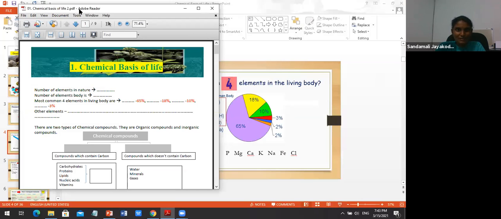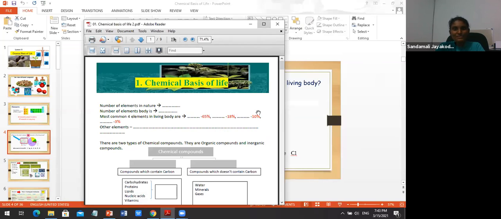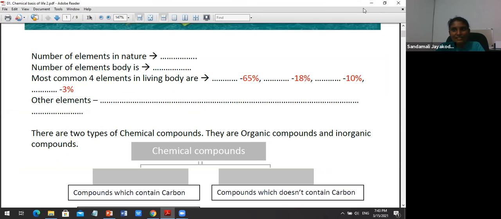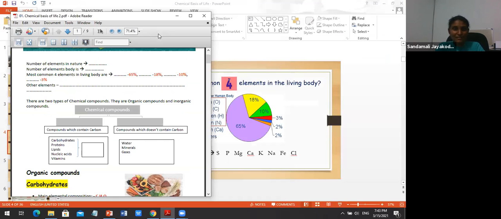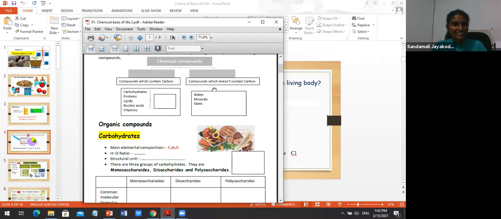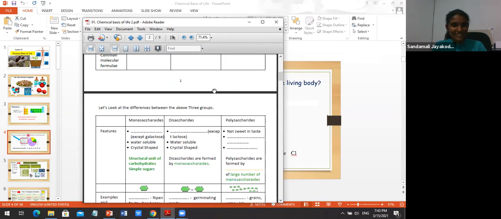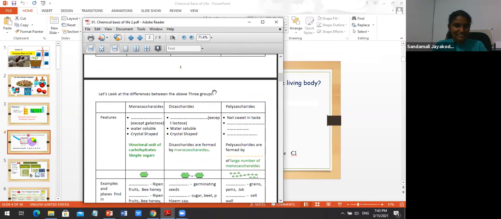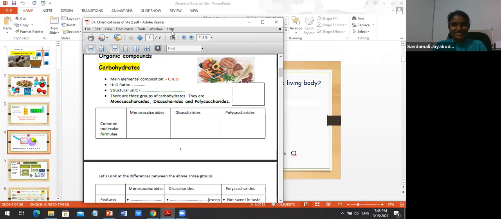So this is your tute. You have some spaces in this. You can fill all of these in at the end of the class. You have the presentation to refer to at the end of the class, so you can fill those in by your own. Understood? There are some spaces in this. Okay? Yes.